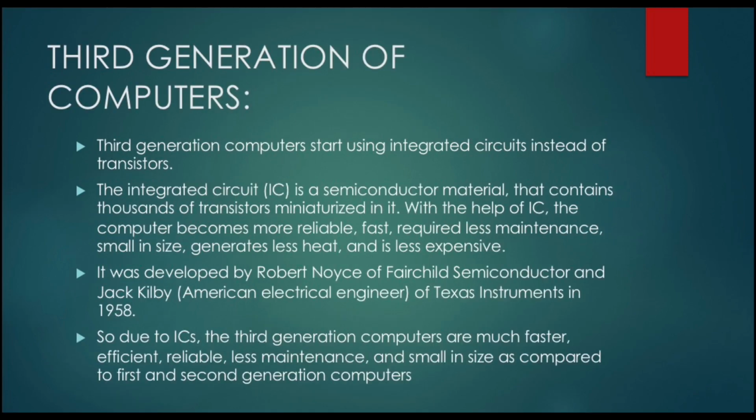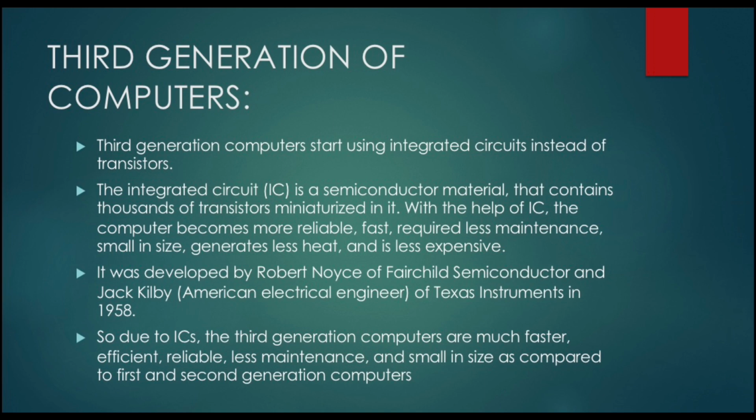Third generation of computers. Third generation computers start using integrated circuits instead of transistors. The integrated circuit, or IC, is a semiconductor material that contains thousands of transistors miniaturized in it. With the help of IC, the computer becomes more reliable, fast, requires less maintenance, is small in size, generates less heat, and is less expensive.